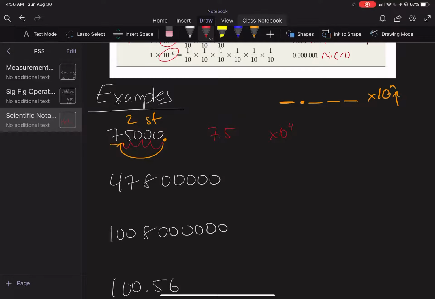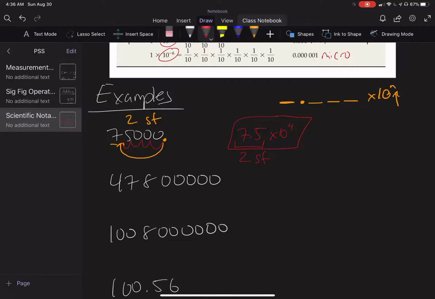And then in terms of sig figs, our original value had 2 sig figs, so it's just going to be 7.5 times 10 to the 4, because 7.5 has 2 sig figs.